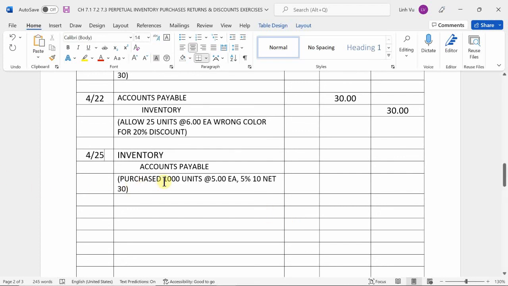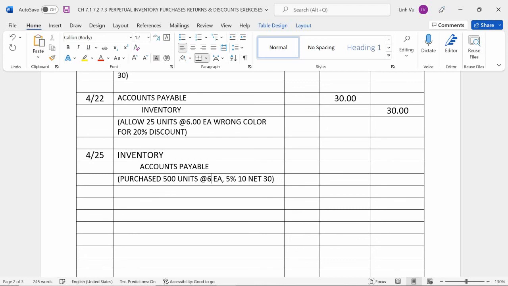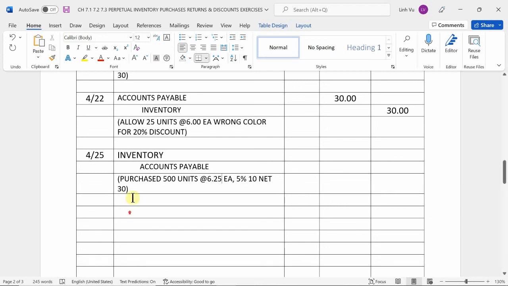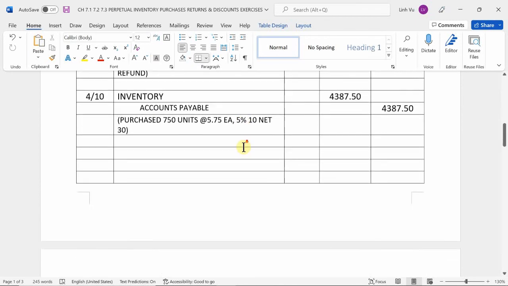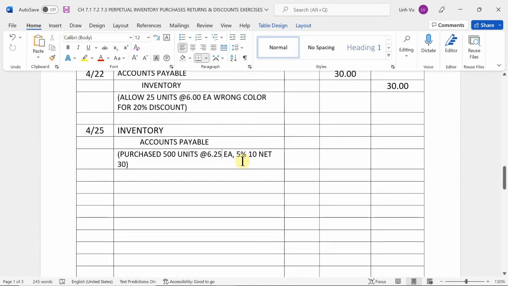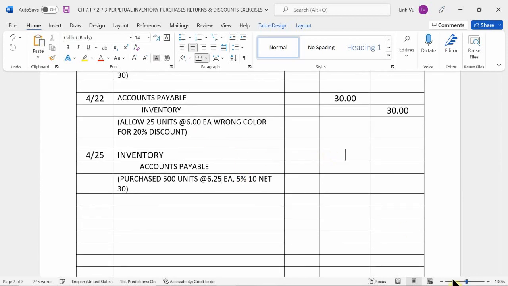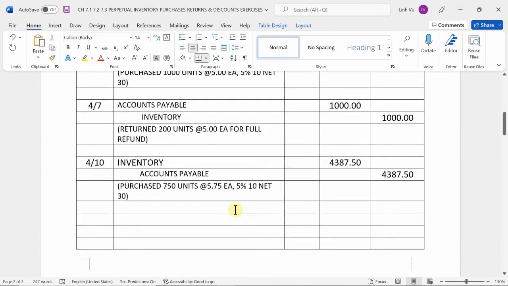So this time we purchased 500 units at $6.25 each, with a freight costing you $50. So in this case, what's my grand total amount for my purchase here? $3,175. Good.